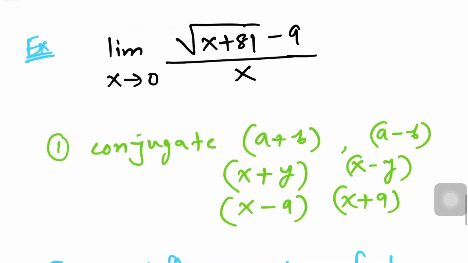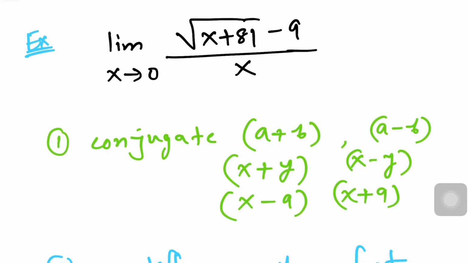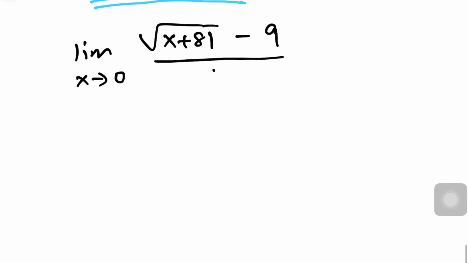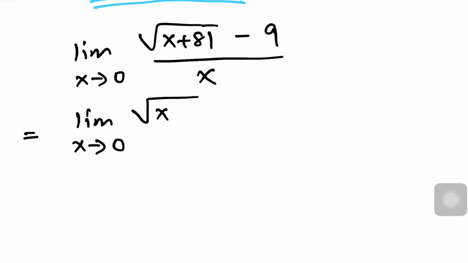All right, now I think you're ready to solve this problem. Let me write it one more time. Limit as x approaches 0, square root of x plus 81 minus 9, divided by x. So whenever you have a problem like this, square root of something, then plus or minus something, you should always think of multiplying by the conjugate.